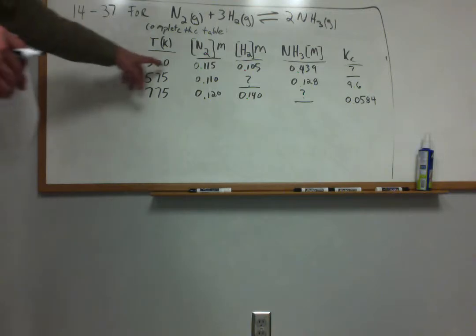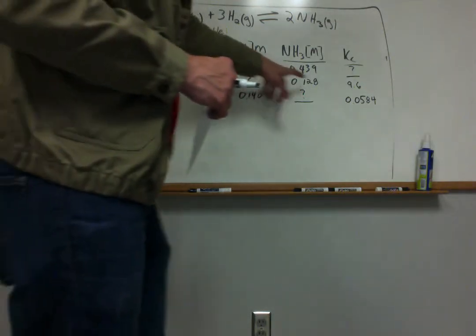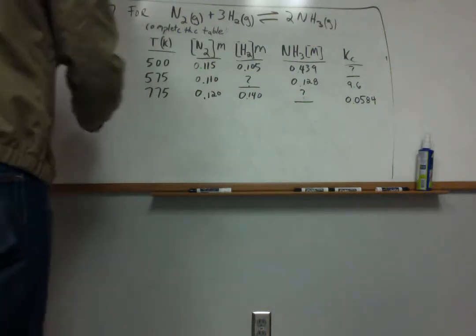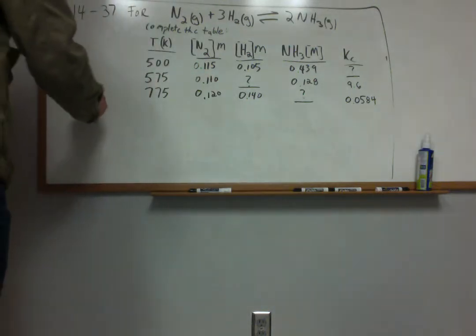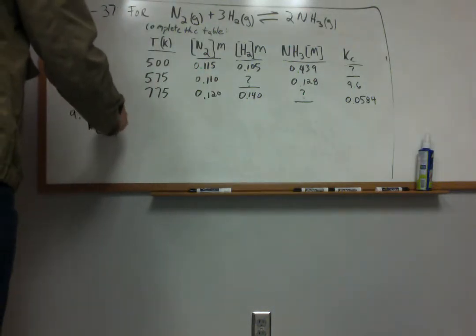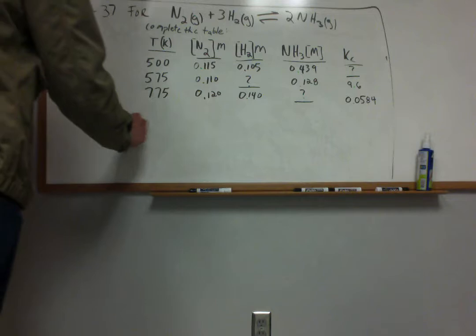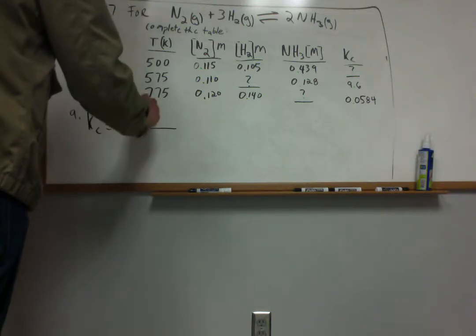So the first one, we're given equilibrium concentrations of 3 substances and asked to find Kc. And this one's pretty easy, because all we need to do is write the Kc expression and plug and chug. Now in this particular case, we have products over reactants, which corresponds to the molarity of NH3 at equilibrium.